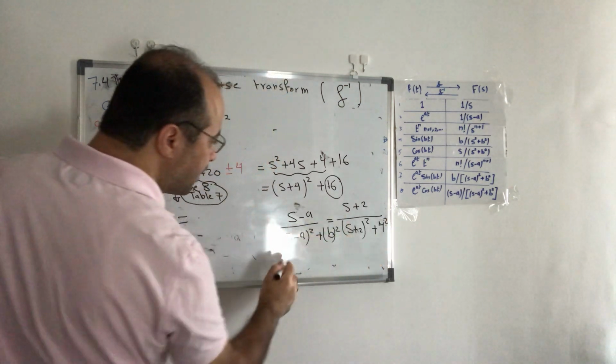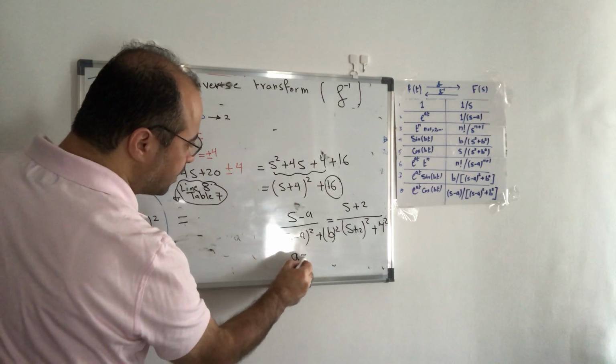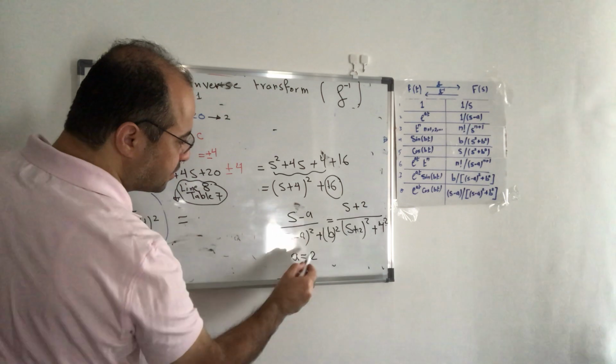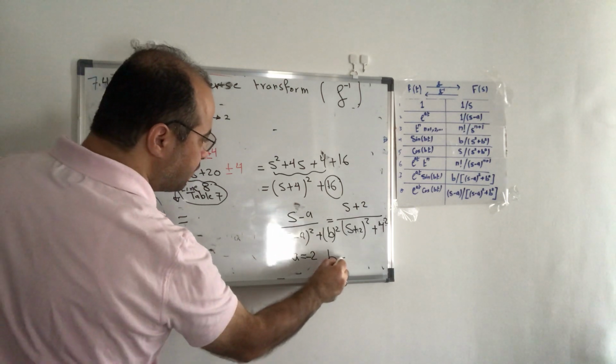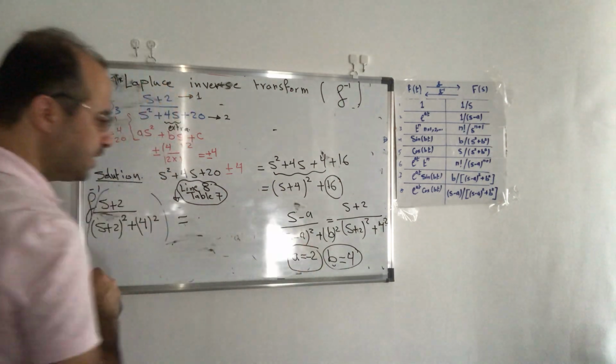Now comparing first the denominator, can you see that a should be minus 2 and b should be 4? Is that clear?